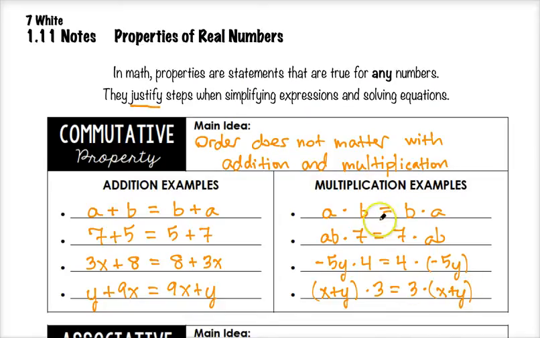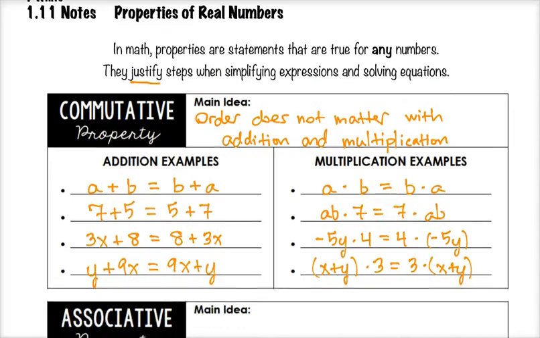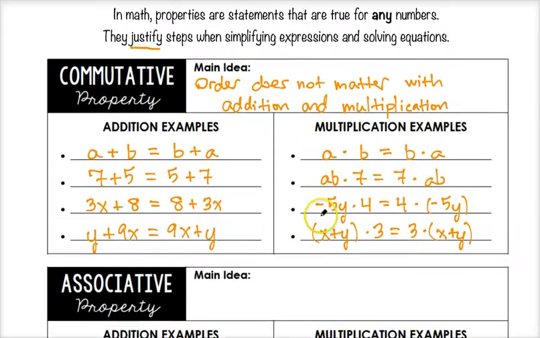Notice each time on each side of the equal sign, I switched the order of either the addition or the multiplication. So that's an example of the commutative property. Whenever the order switches of what you're adding or what you're multiplying, that is the commutative property.